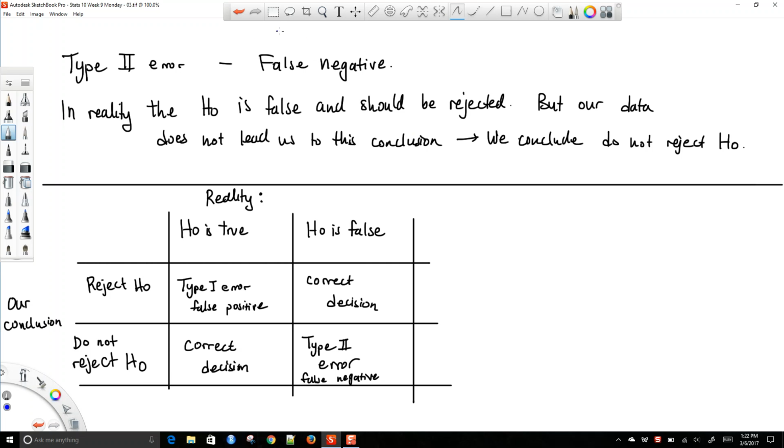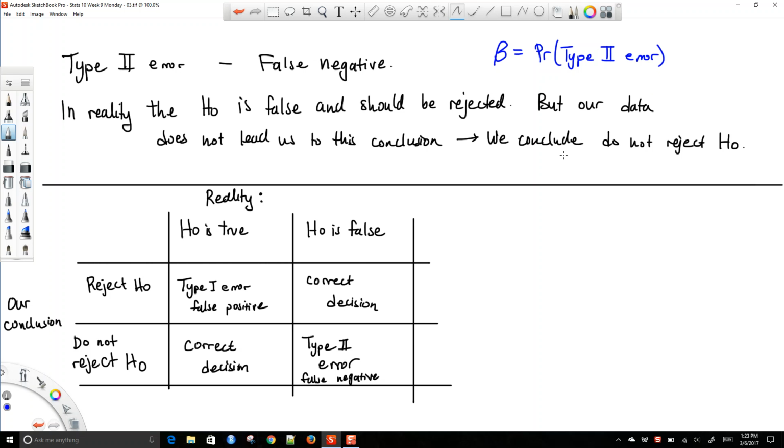If alpha is the probability of type 1 error, we have a symbol for the type 2 error, and that is beta. Beta is the probability of type 2 error. And so to remember that, in the Greek alphabet, alpha is the first letter.